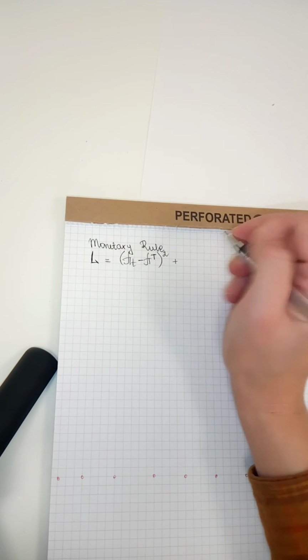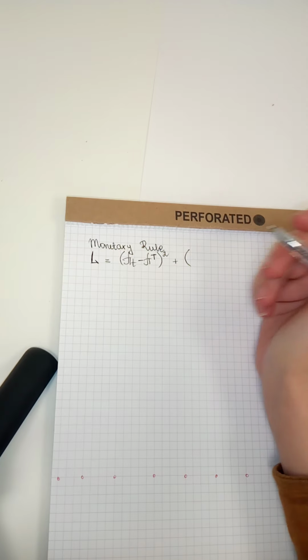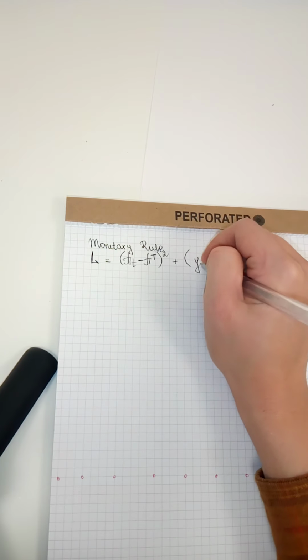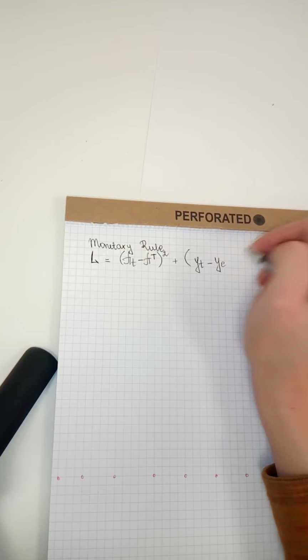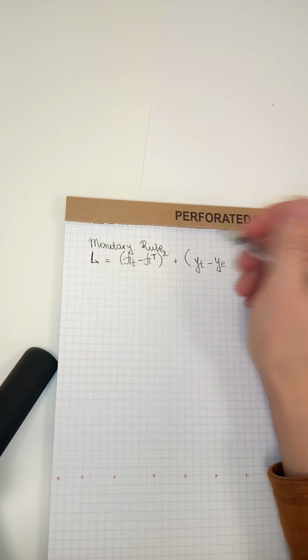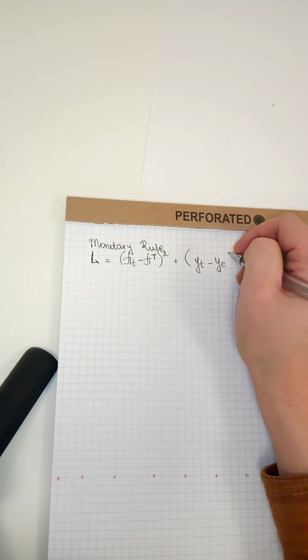So then we introduce deviation in terms of employment or output, because as we discussed, they are directly linked to each other. So YT stands for the level of output, and YE stands for the potential output. So output in full employment or output when the economy is in the long run equilibrium.